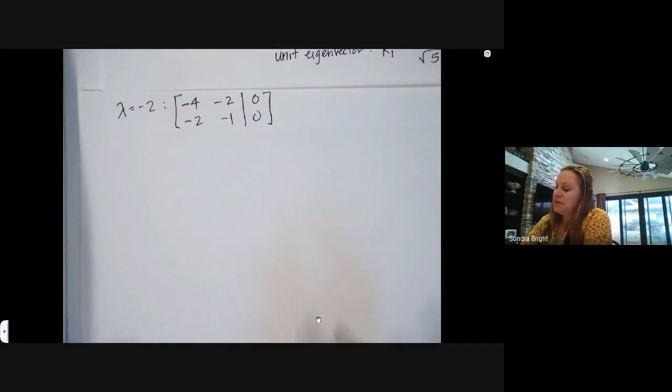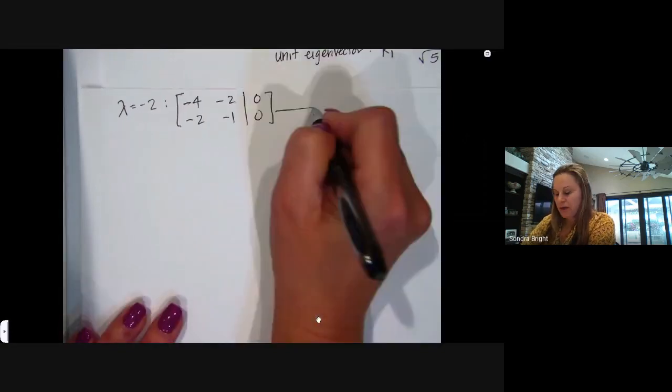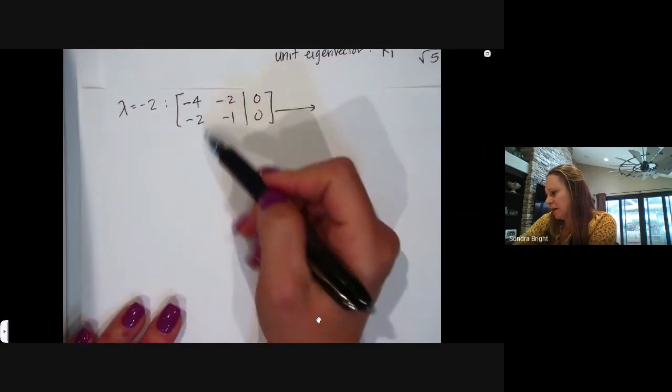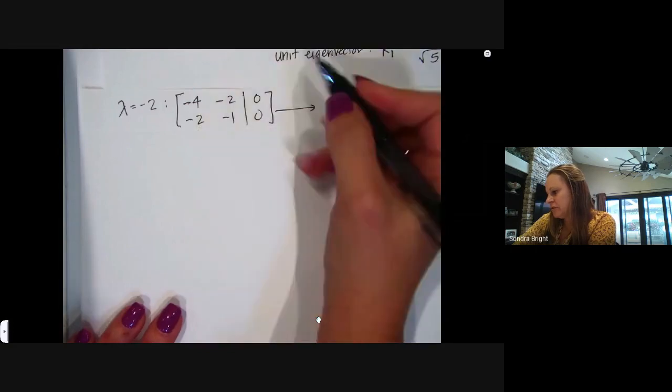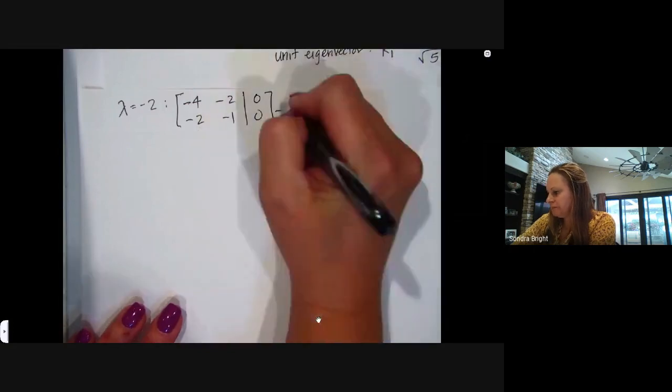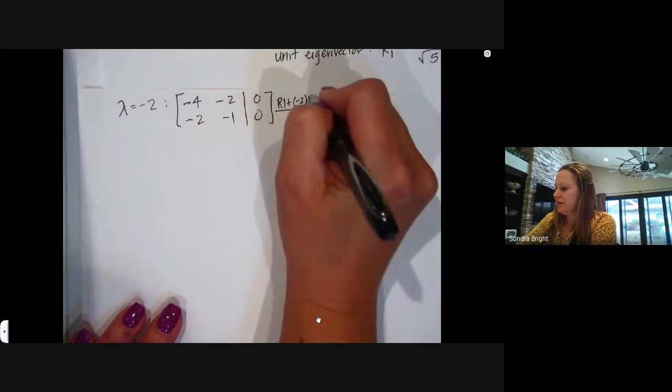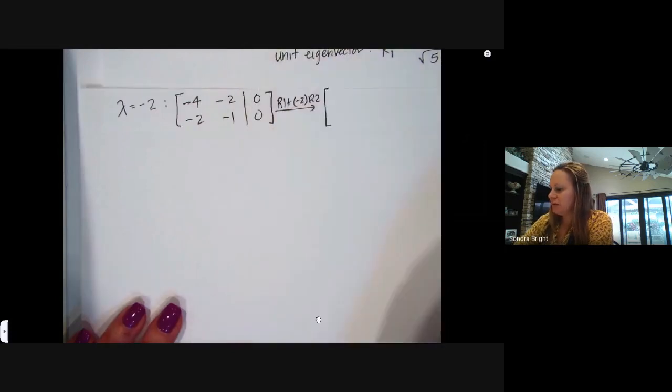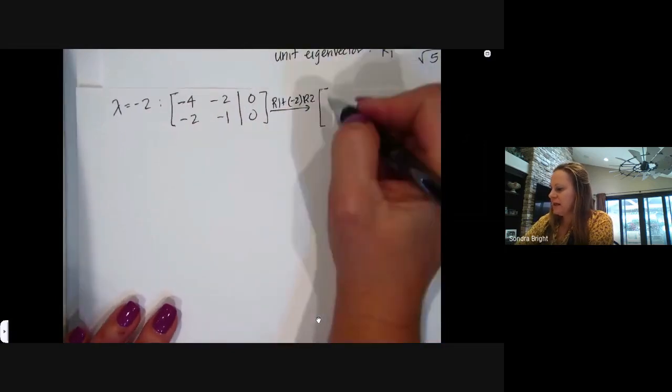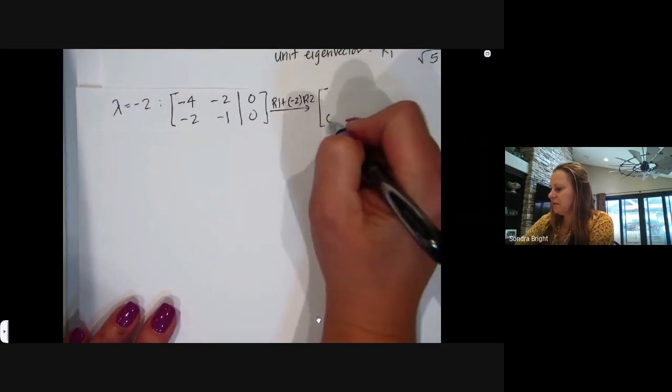I don't know when these are 0, so I would do row 1 plus negative 2 times row 2, to give me negative 4 plus 4, negative 2 plus 2, and a 0.